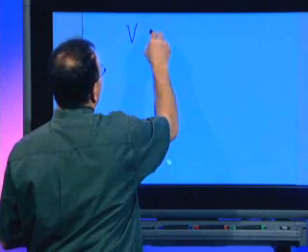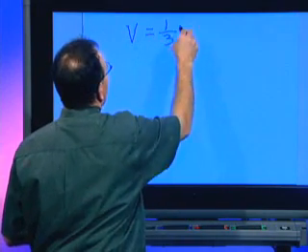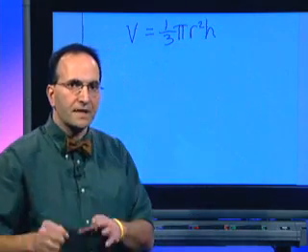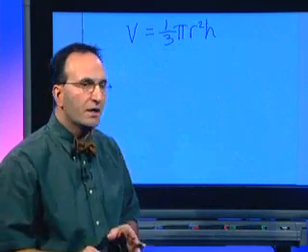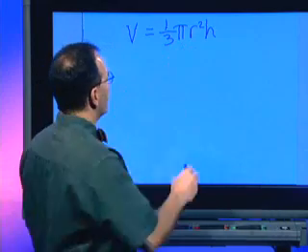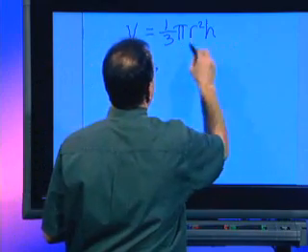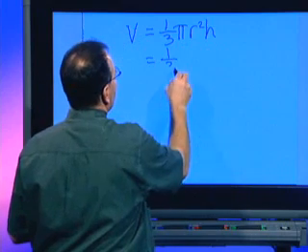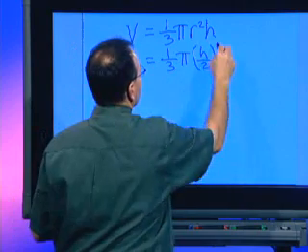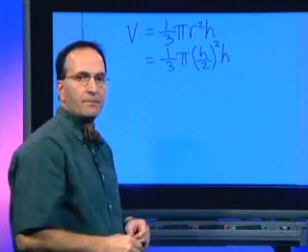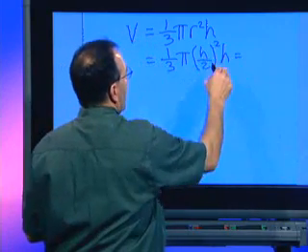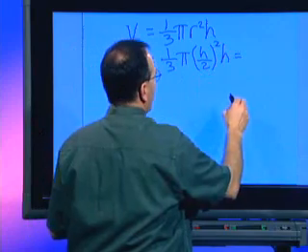Volume is 1/3 pi R squared H. And here's why I said we're going to substitute for R, because we know that R is 1/2 H. So this is going to become 1/3 pi H over 2 squared times H. And then that's equal to, we're going to have H squared, and we're going to have 2 squared on the bottom.